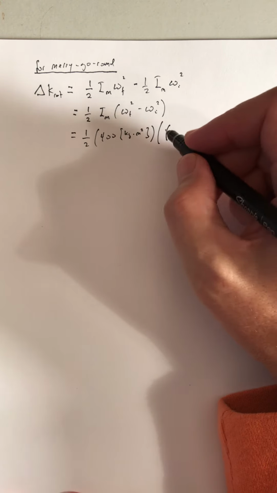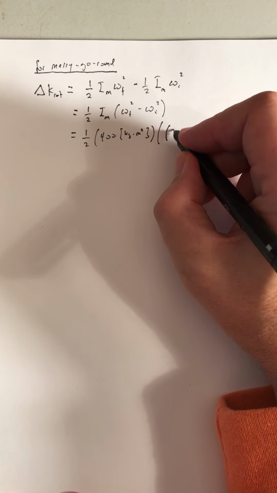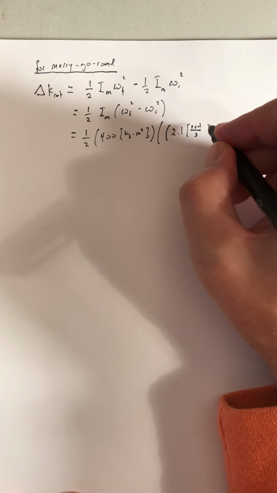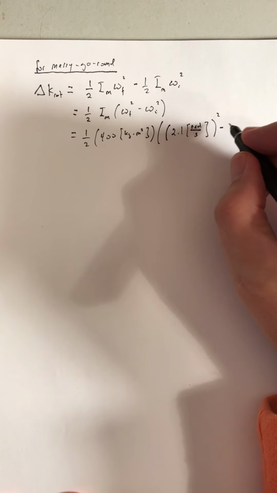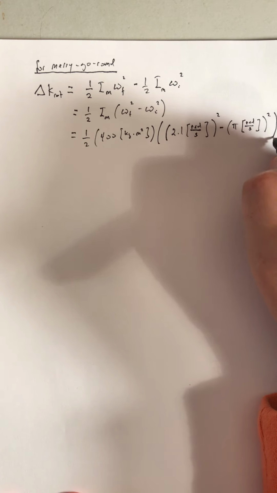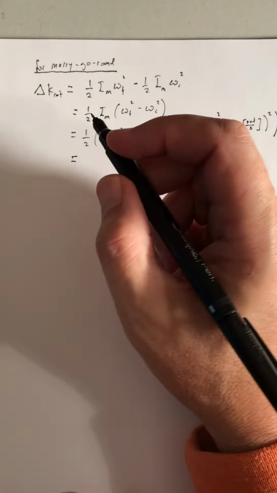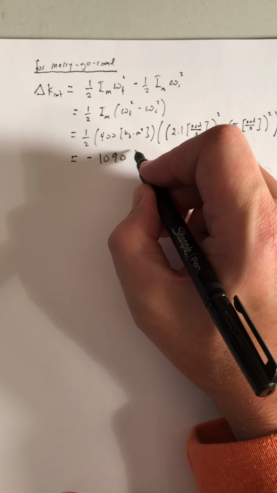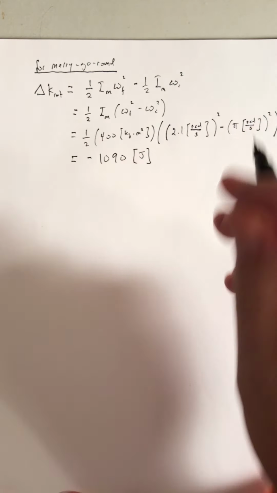And this is why it's going to have to be in radians, because I can't get an energy in joules unless omega is in radians. So the merry-go-round lost, let me work that out, 1090 joules.